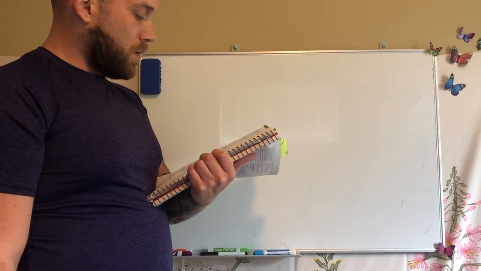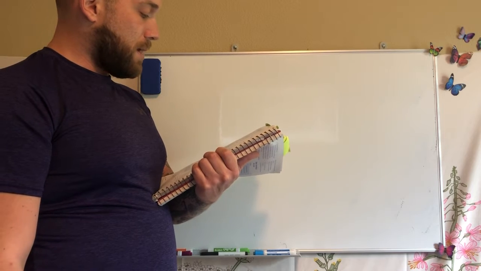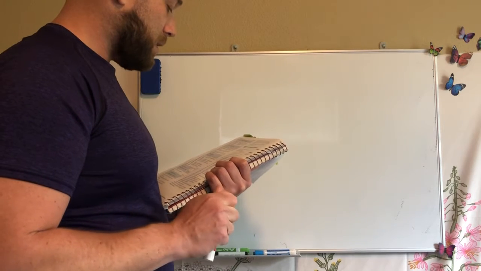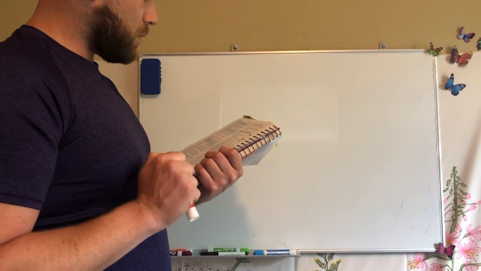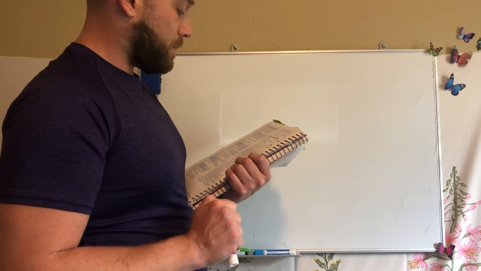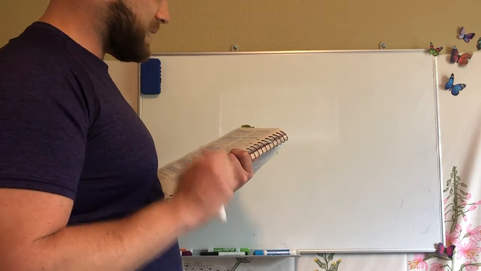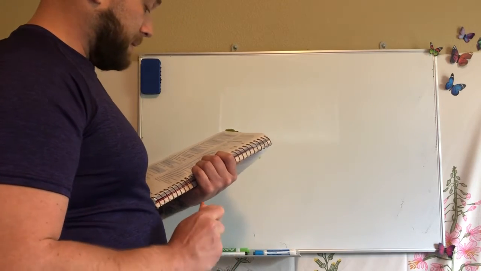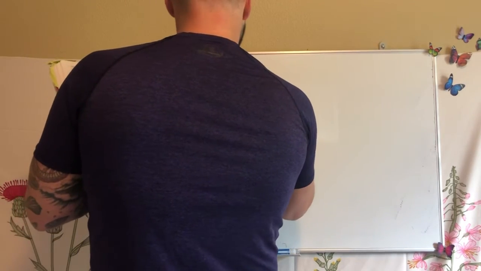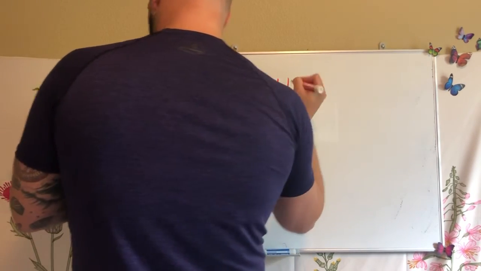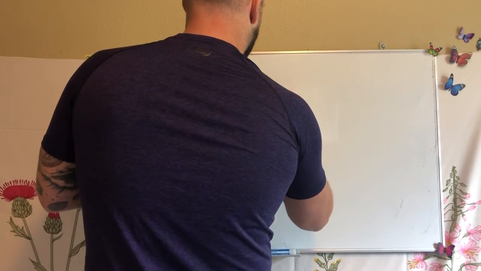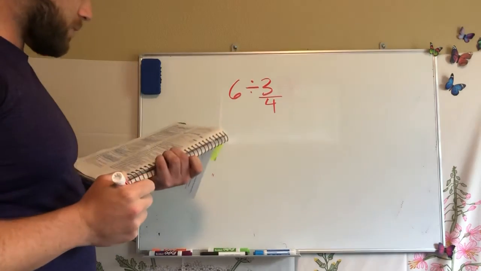The amount you have before you divide is 6 pounds. So for problem A, our equation is going to be 6 divided by 3/4.